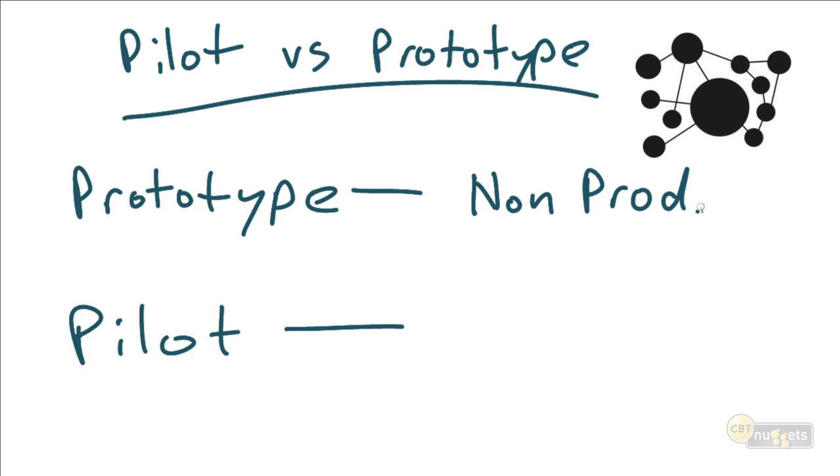Guess what? A pilot is in a small area of their production network. So that's the simple difference. A prototype, we build it in what we call a sandbox. It has no interaction with their network infrastructure whatsoever. A pilot is in a segment of their production network.